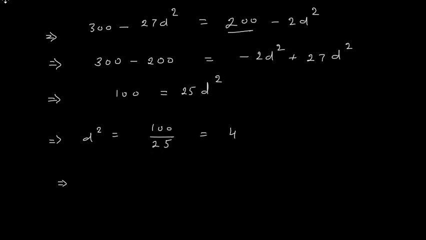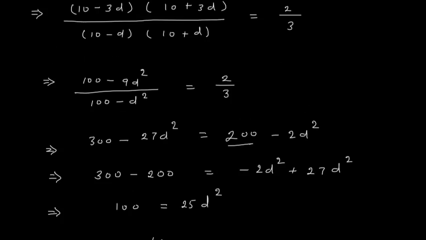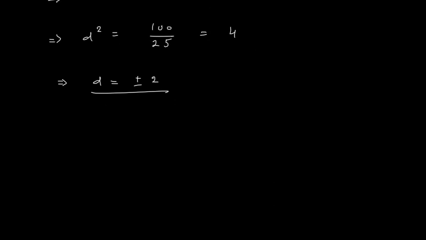So from here I can say that d is equal to plus or minus 2. So the value of d is plus or minus 2. So therefore the four numbers are, to get the four numbers you either use d as plus 2 or d as minus 2.